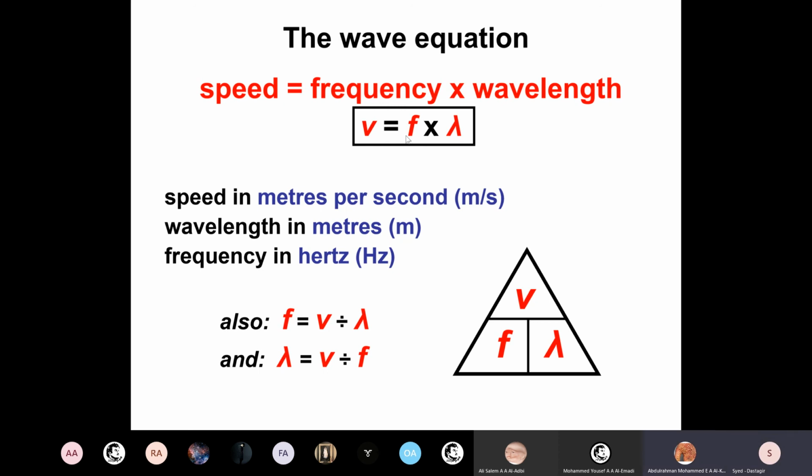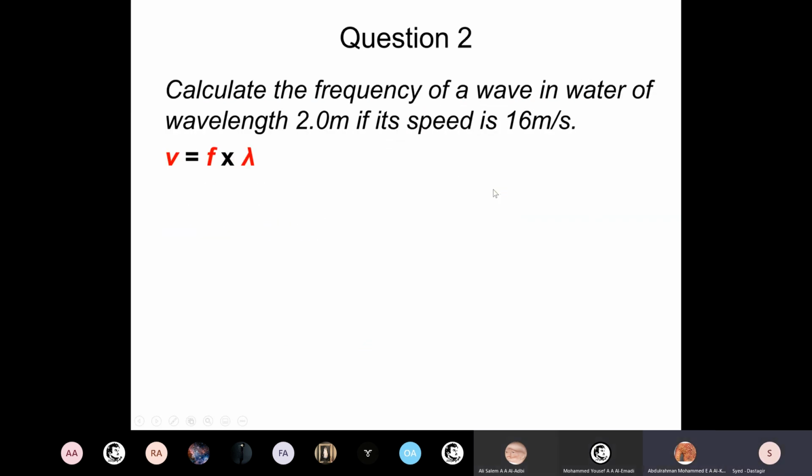So try again. We cover speed, so it will be 16 times 2. Which is 32. 32 what? Hertz. Oh, sorry, you were correct the first time. I didn't read the question properly.